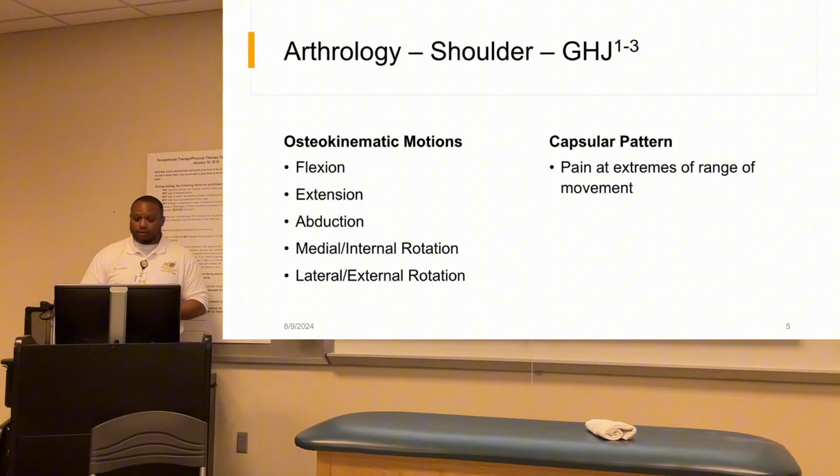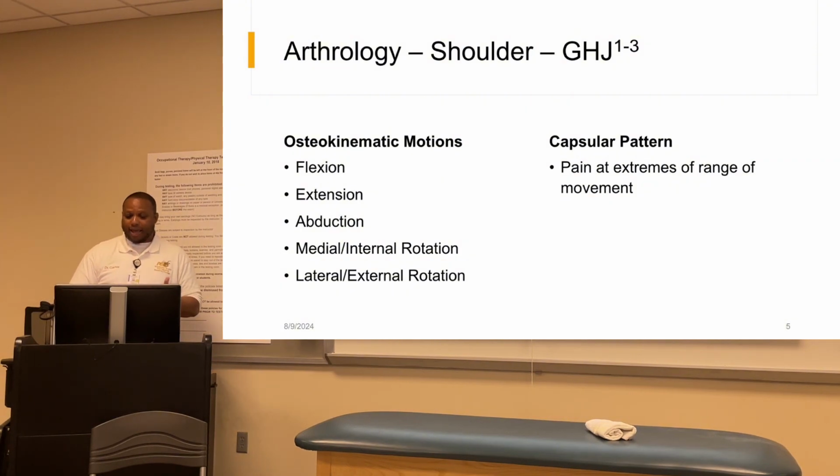Arthrology of the shoulder joint, you got your osteokinematic motions. What does osteokinematic mean? The movement of the bone, the movement of the osseous structures, the direction of movement for those osseous structures. So at the shoulder GH joint, we have flexion, extension, abduction.